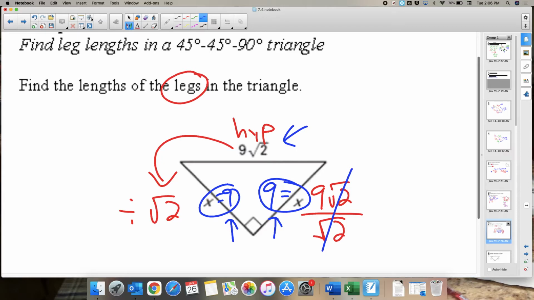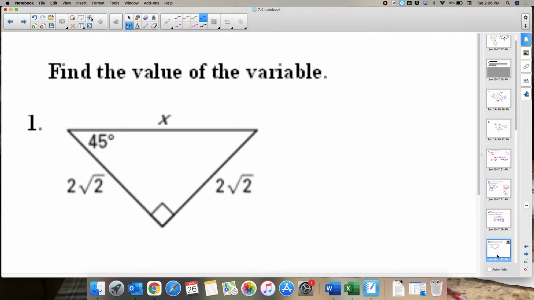So the key in these problems is identify: are you given the hypotenuse or are you given a leg? So here we are given a leg. The legs are equal. To get the hypotenuse, you take your leg and multiply it by the square root of 2. So I have 2 times the square root of 2 times the square root of 2.